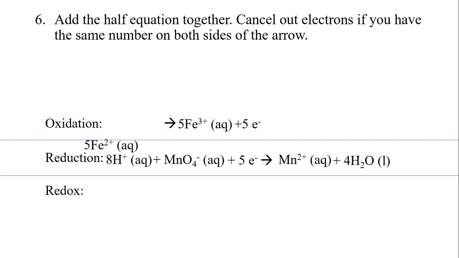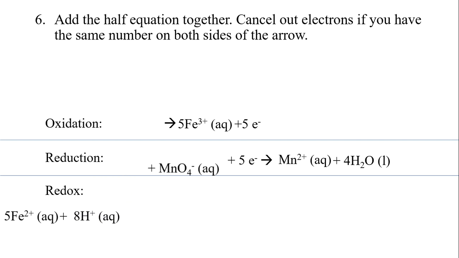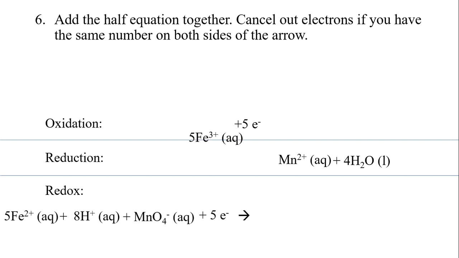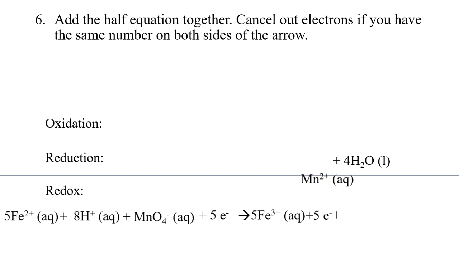So let's do that. Let's take everything before the arrows, like we did before in the simpler exercise. Everything before the arrows, then you make a new arrow and you take everything after as well. We take from the oxidation half equation and we take from the reduction half equation.